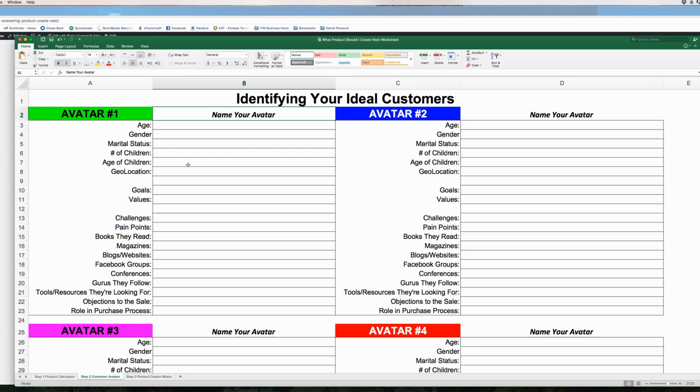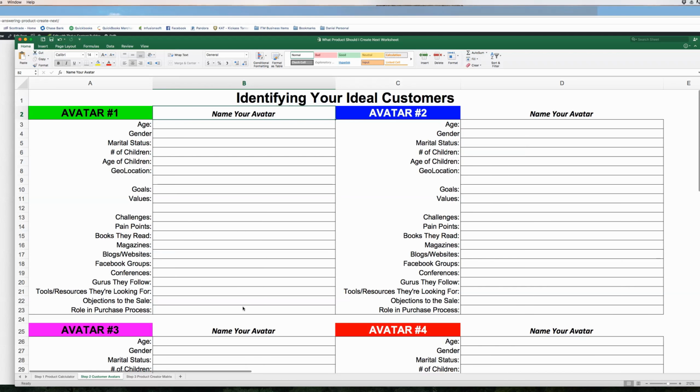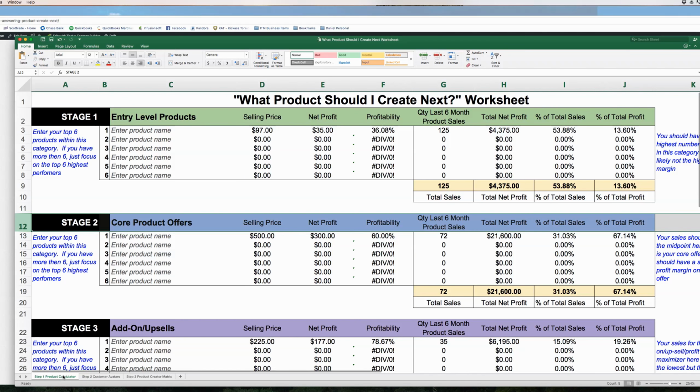So I've given you 4. You're more than welcome to use this and create more. If you already have this kind of information filled out, awesome. We can go ahead and move on. But everything in here is self-explanatory, so you're going to fill out all this information so you can understand not only what's going on in your world, in your ascension path for all of your different products, the contribution for the profits, the contribution for the total sales within your entire world, but also within each respective stage.